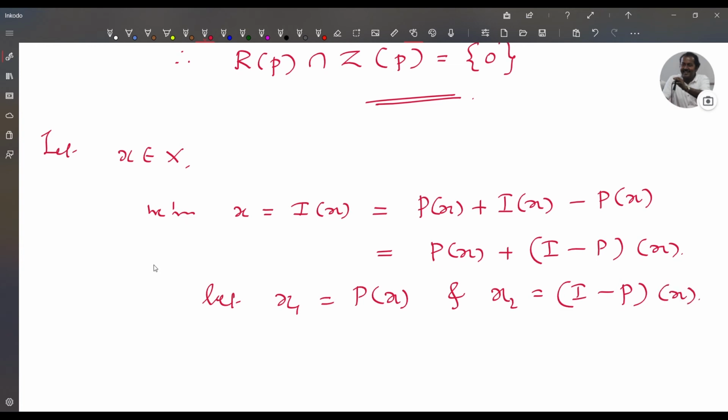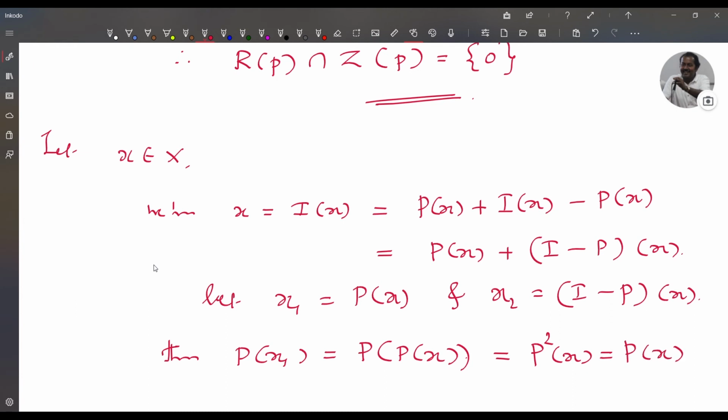Then P of x1 equal to P square of x, that is equal to P of x, since P is a projection, and you know P of x is x1, so this is equal to x1.